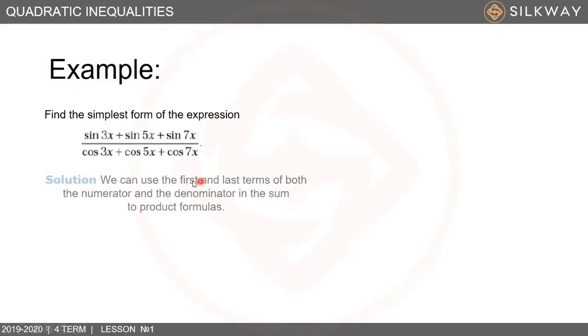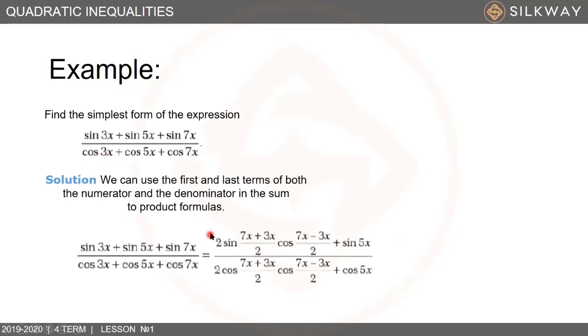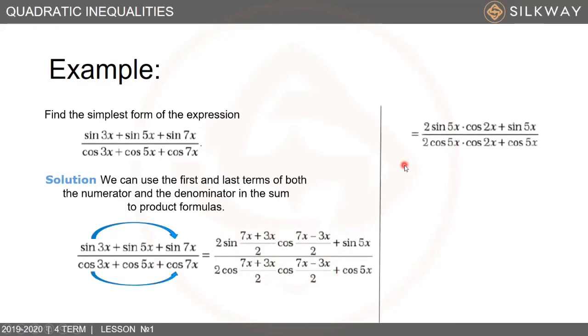Okay, solution. We can use the first and last terms of both numerator and denominator in the sum to product formulas. And if we use our formulas, we will get this expression. By simplifying it, we will have 2 multiplied by sine 5x multiplied by cosine 2x plus sine 5x. Here we have like terms, sine 5x and sine 5x.